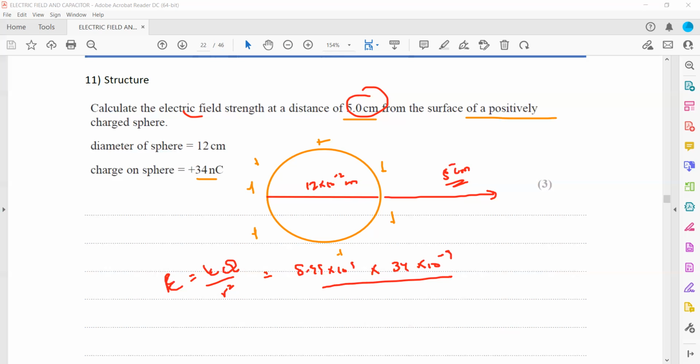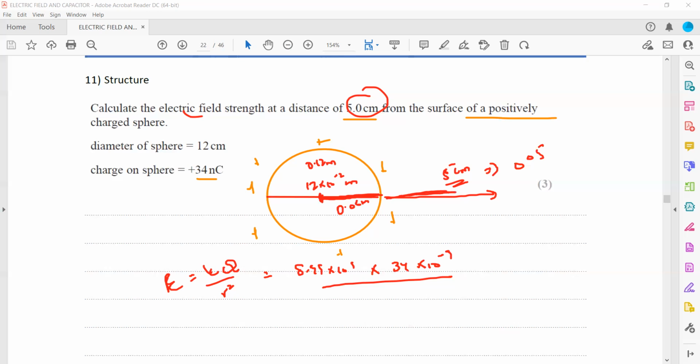So how do we work out the distance? This is 5 centimeter, which is equal to 0.05. And we always take the distance from the center. The diameter is 12 exponent minus 2, which means 0.12 meter, so the radius will be half of it, 0.06. So from the center, this is 0.06 and this is 0.05.